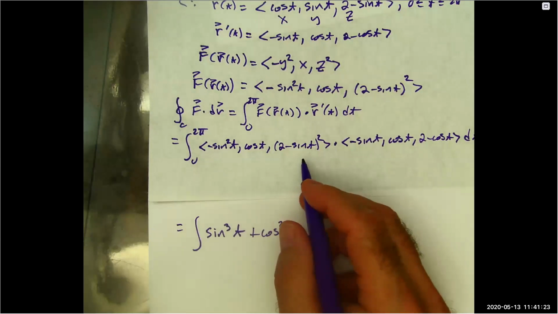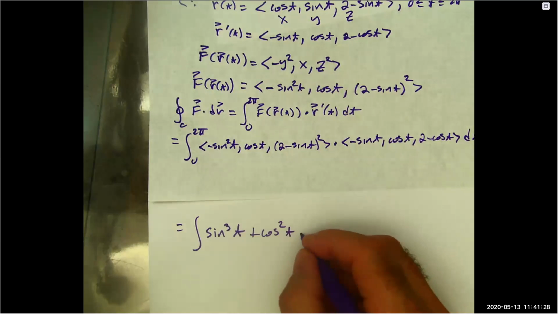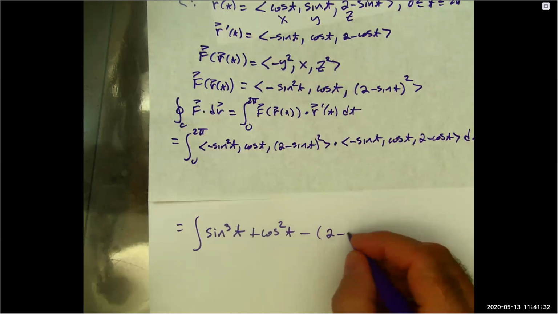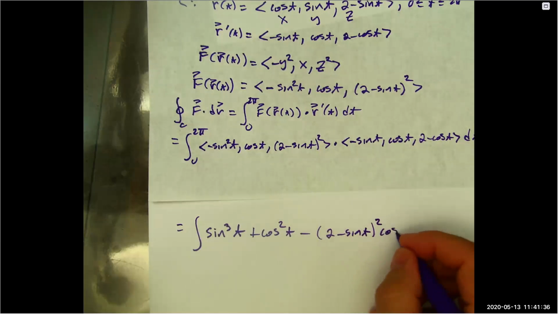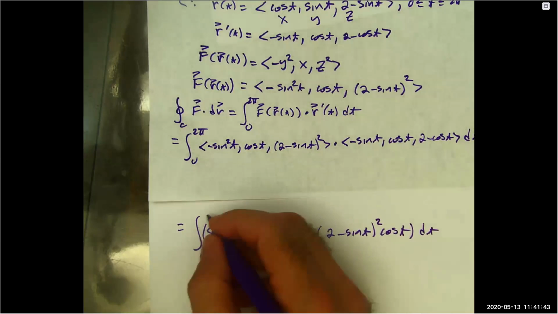And then I'm going to have minus, and then 2 minus sine t squared times cosine t. And all of that I'm integrating with respect to t from 0 to 2 pi.